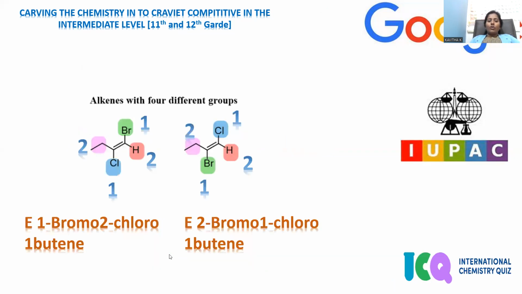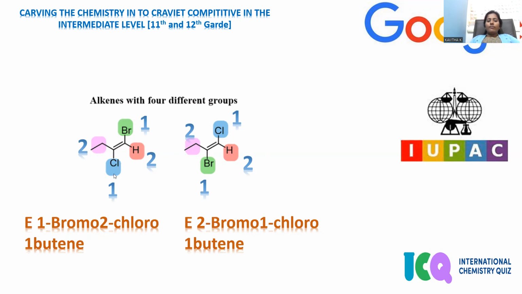Fine. Let me go with how to assign E and Z. E for entgegen, where the two higher priority groups are oppositely inclined. Z for zusammen, if the two higher priority groups are on the same side, right? So this is purely applicable to alkene type of compounds where the compulsory necessity is a double bond.